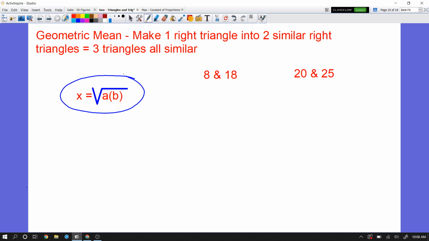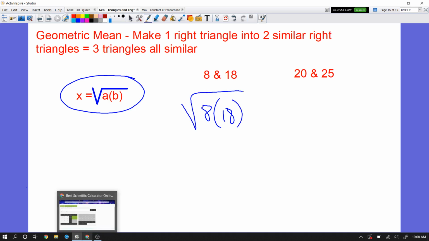So if you use one huge right triangle, you can make it into two similar right triangles, which gives you three triangles. I know that that's weird, but I'm going to show you a picture. I just want to show you how simple it is to use geometric mean. So say that you had 8 and 18 for geometric mean. You would do this: 8 times 18, and you'd find the square root.